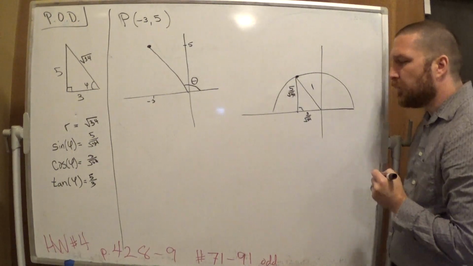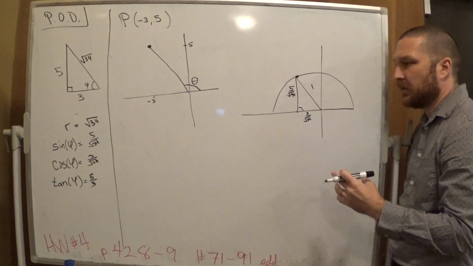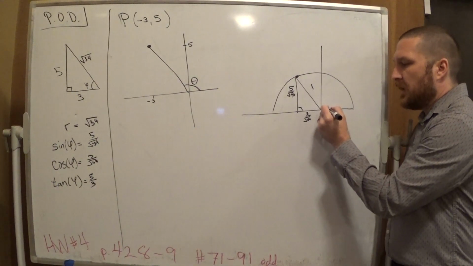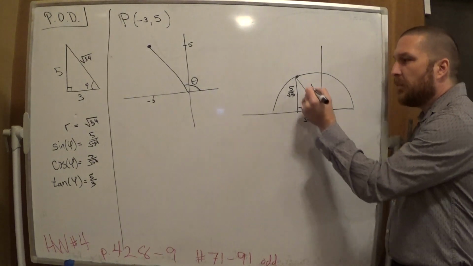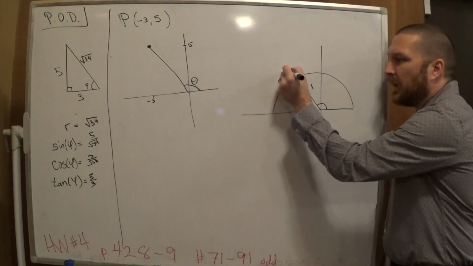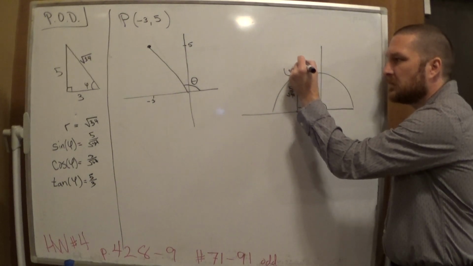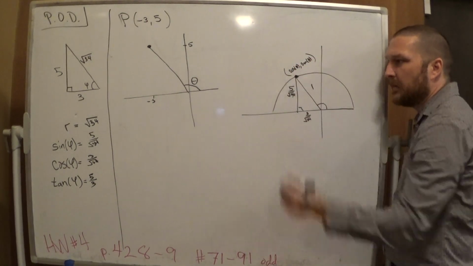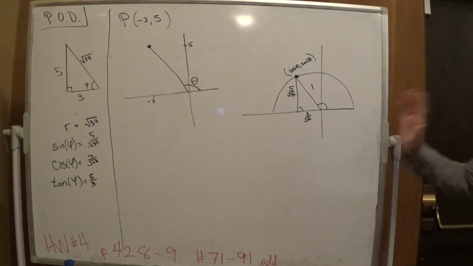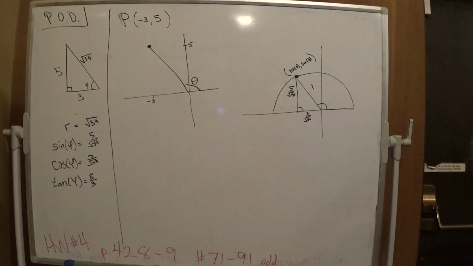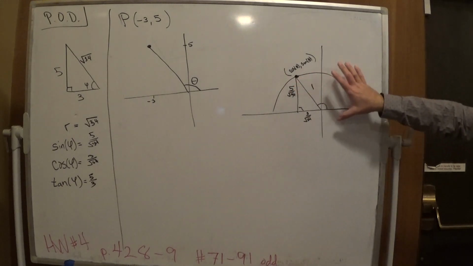We briefly talked about this, and we'll talk about it again, that the point here, x, y, is actually given by cosine theta, comma, sine theta. We haven't officially done this yet, but that's how we said we will extend this.